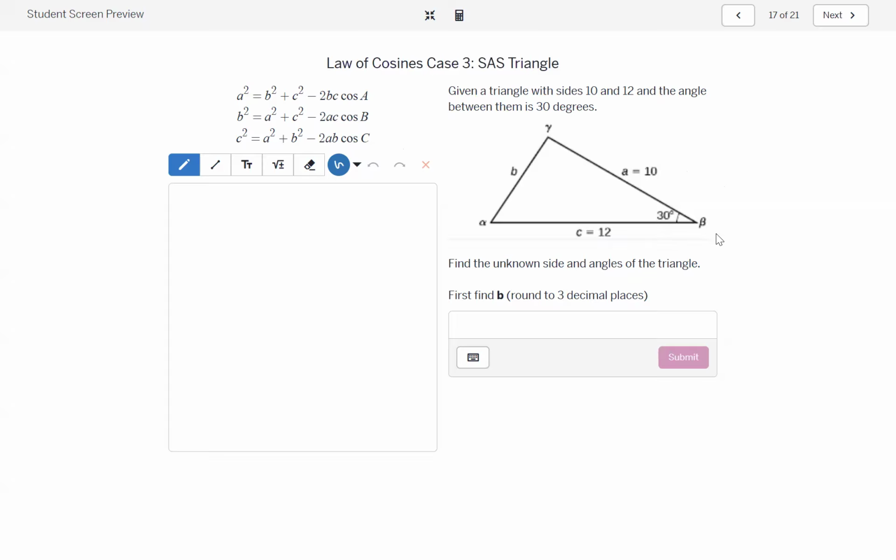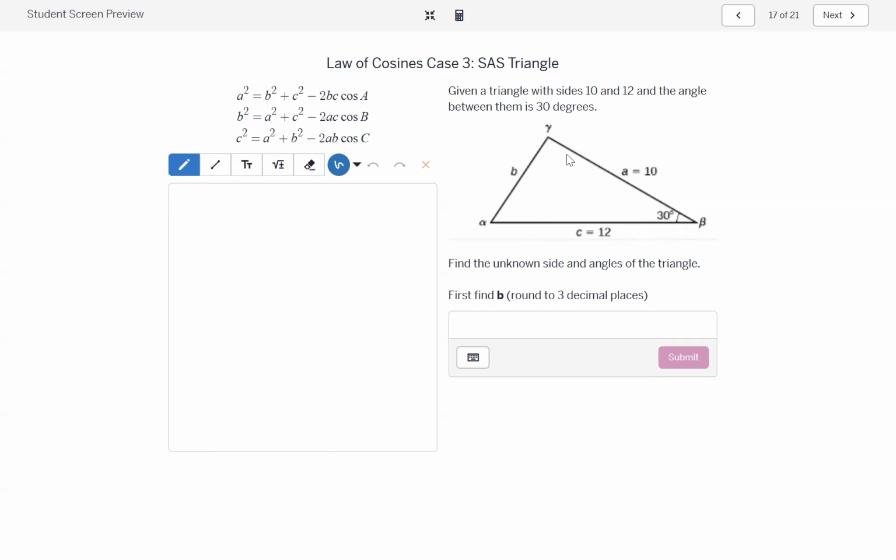The labels here don't matter, just as long as all three are different letters. I can't use law of sines here because I don't know side b to go with angle B, and I don't have a way to figure out the other two angles. So that's why we have to use law of cosines here.